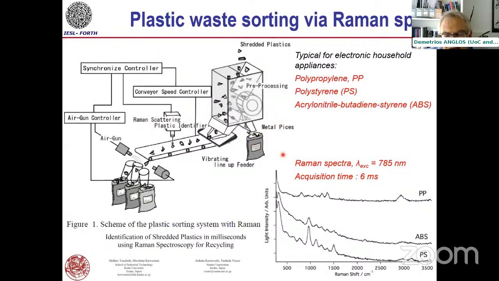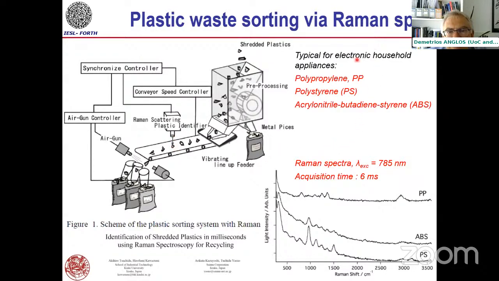The metals, because they are heavier, go away. The plastics are collected, aligned over a conveyor belt. There are some monitoring tools to look at where those pieces are, and these tools give the go to a Raman spectrometer, a Raman probe, that is located over the conveyor belt and performs the analysis.